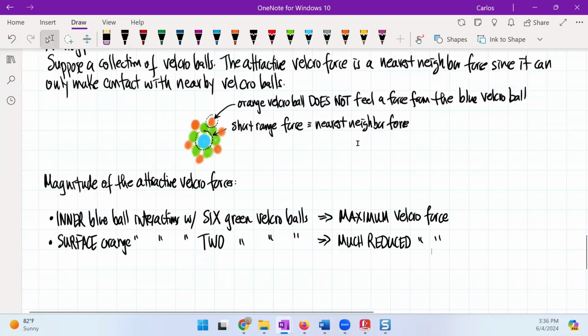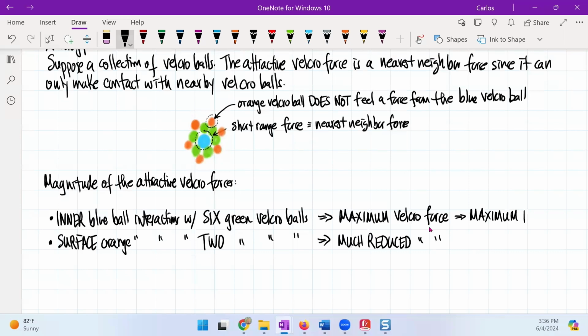So now what we really want to look at is what that tells us about the binding energy. If we have maximum Velcro force, that means this experiences maximum binding energy, where this guy has a smaller binding energy.